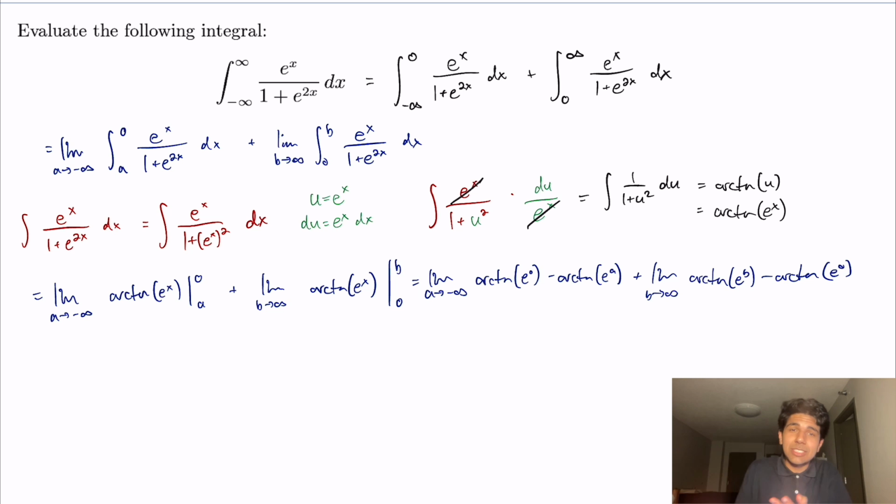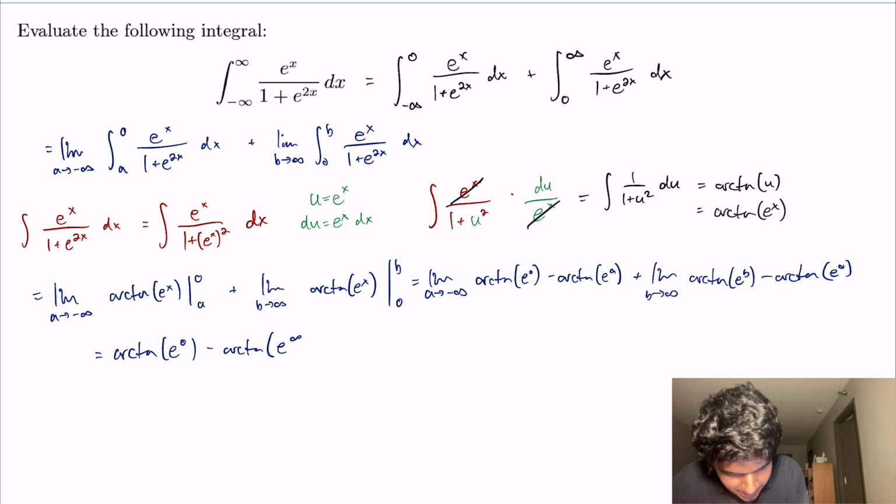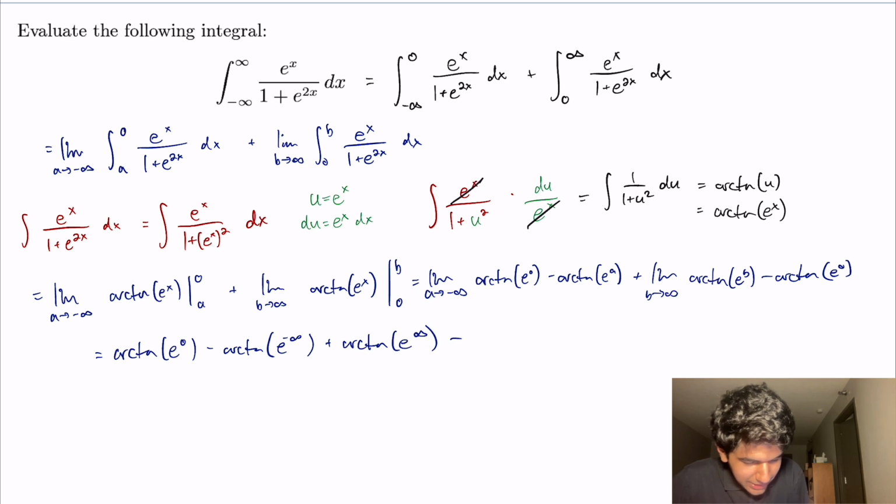Let's try substituting in for our variables, negative infinity for a, infinity for b, and see what happens. So this would be equal to the arctangent of e to the 0 minus the arctangent of e to the negative infinity plus arctangent of e to the infinity minus arctangent of e to the 0.